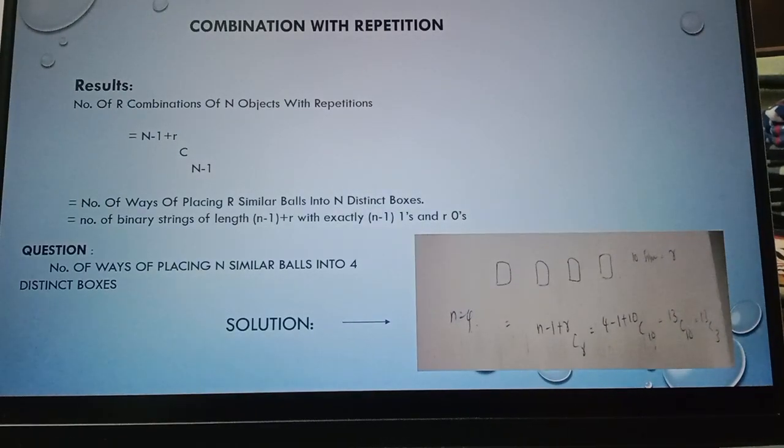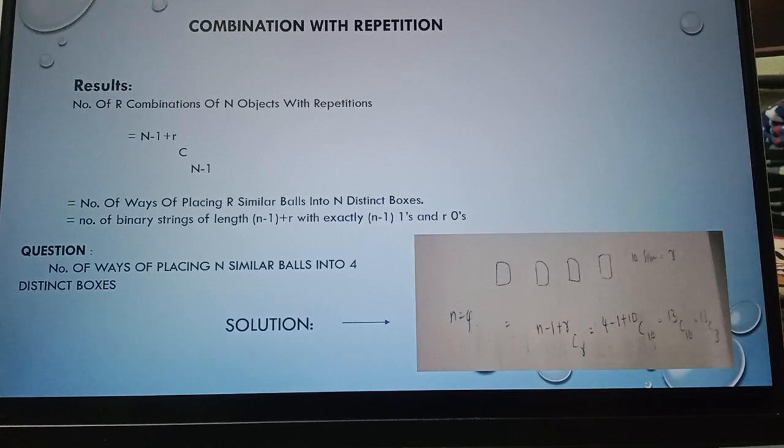And next, combination with repetition. Here is a wonderful formula that makes the problem very simple. The number of r-combinations of n objects with repetition. This formula is very mandatory for repetition problems in combination. It is (n minus 1 plus r)C(n minus 1), applied to the number of ways of placing r similar balls.